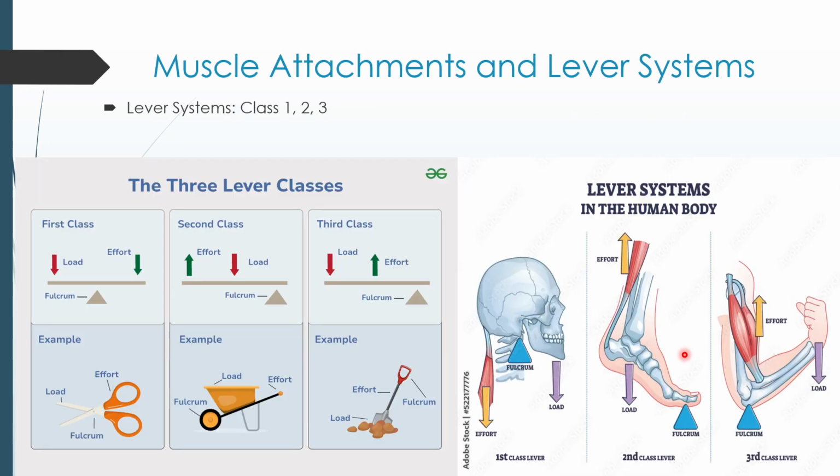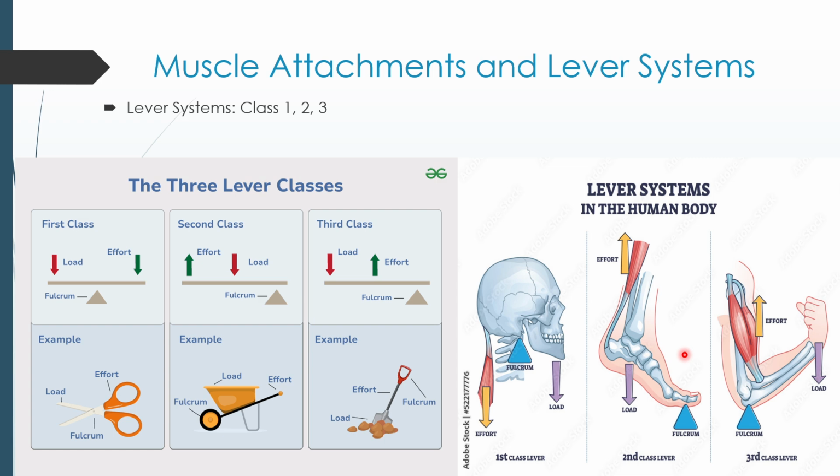Now, coming back to the engineering part of this region: muscle attachments and lever systems. In physics, we studied in our early grades that we use levers to make our work easier. What's the purpose of a lever in physics?